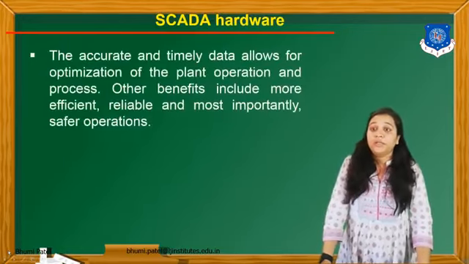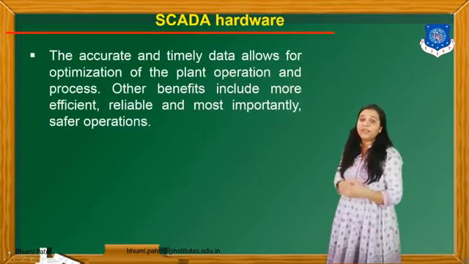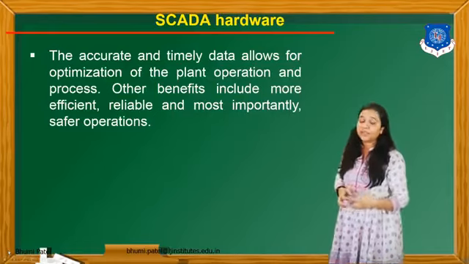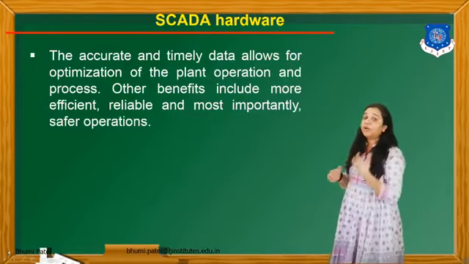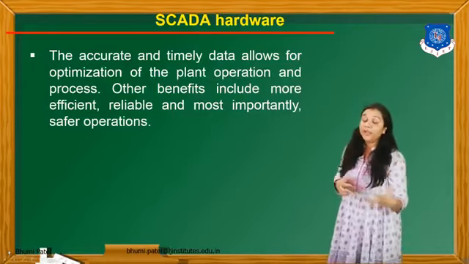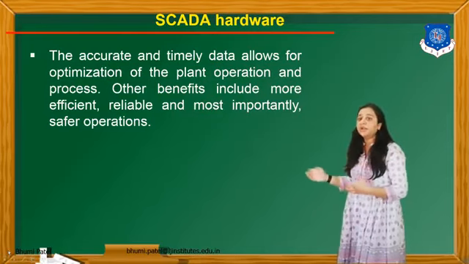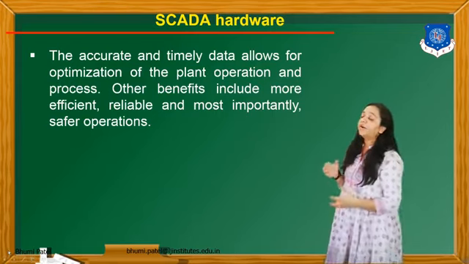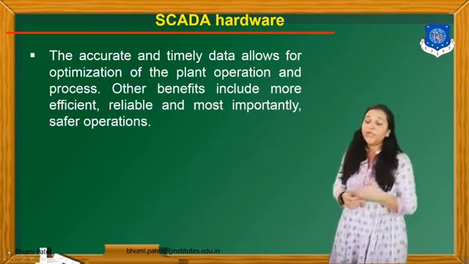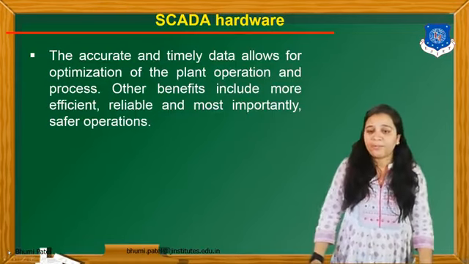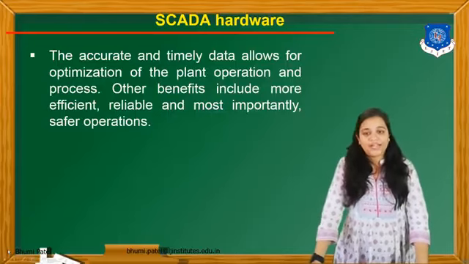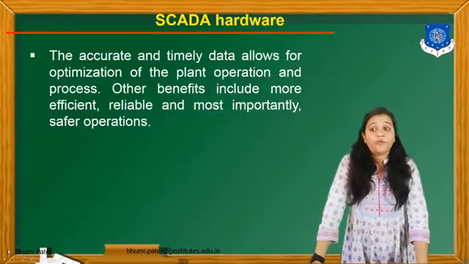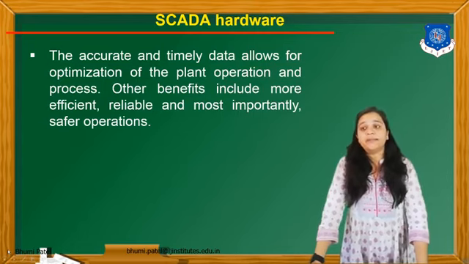Now, accurate and timely data allow for the optimization of the plant operation and the process. Now, the other benefits include that it is more efficient, reliable, and most importantly, safer operation. Okay, you have done the PLC programming, so you have to know about the logic, but the other person does not know what the logic behind this program is.